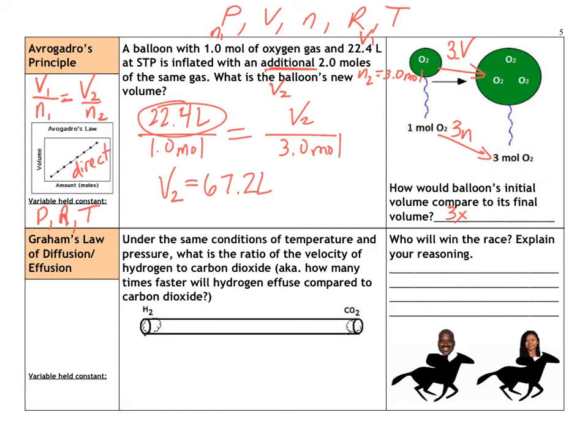Now, Graham's law works by ratioing and comparing two gases and their rates, the velocity specifically. So velocity of gas 1 over velocity of gas 2 equals a ratio of the molar masses, so the molar mass of gas 2 over the molar mass of gas 1.